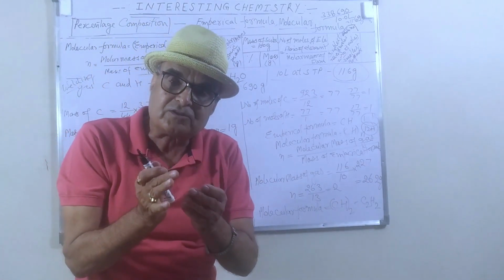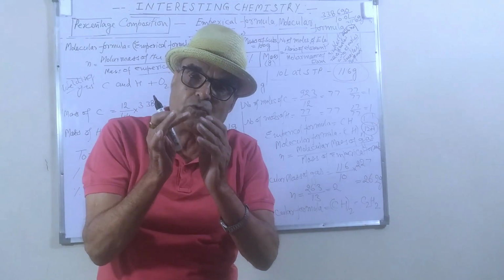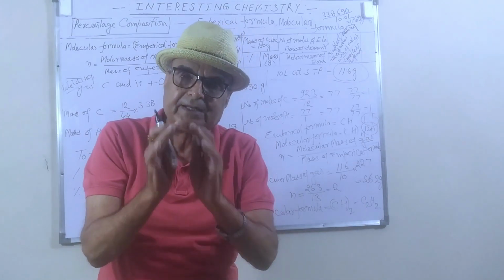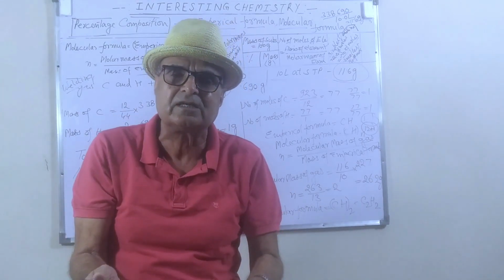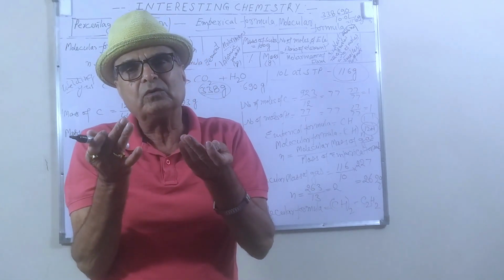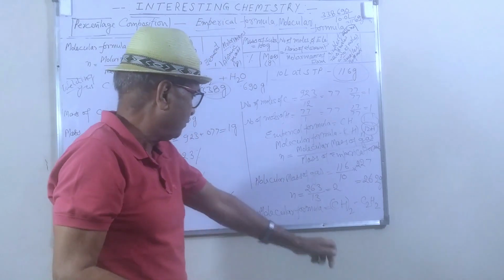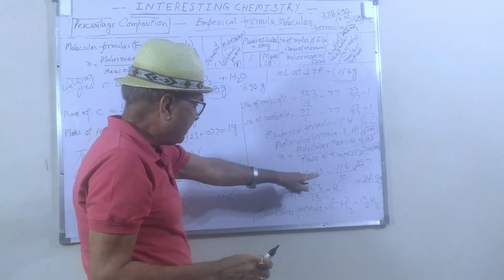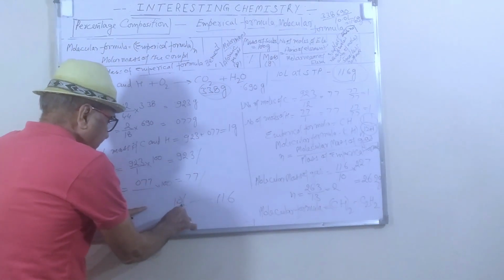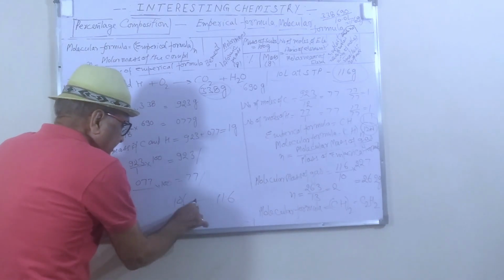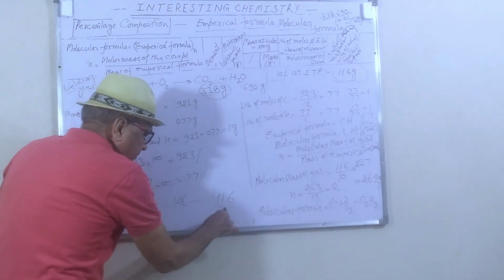Because the mass of 22.7 liter at STP of any gas is equal to the molar mass, as I told you in my previous video. So here, the mass of 10 liter of that gas is equal to 11.6.